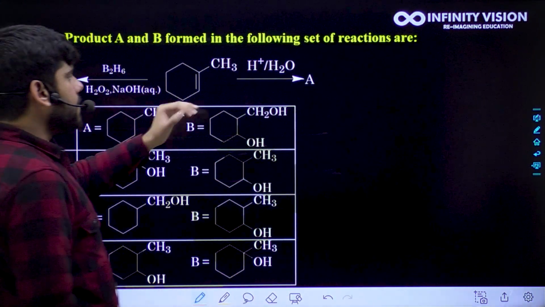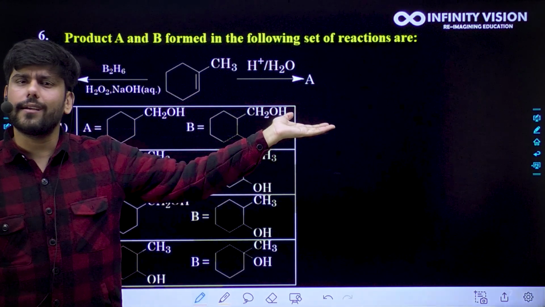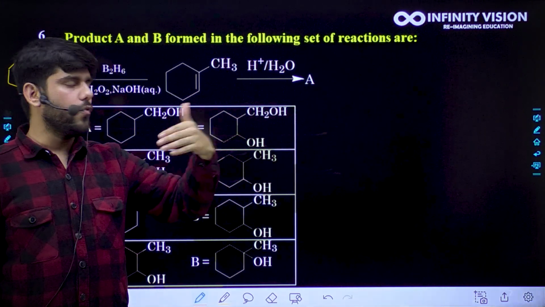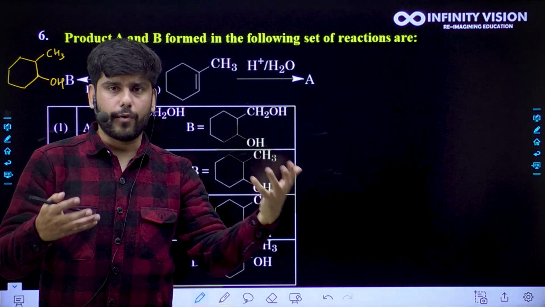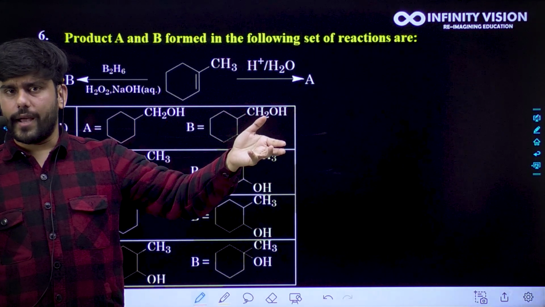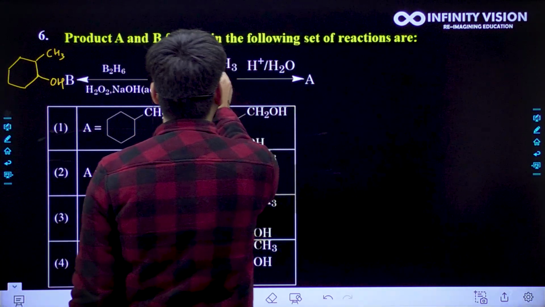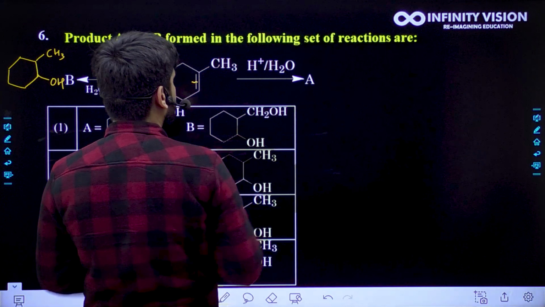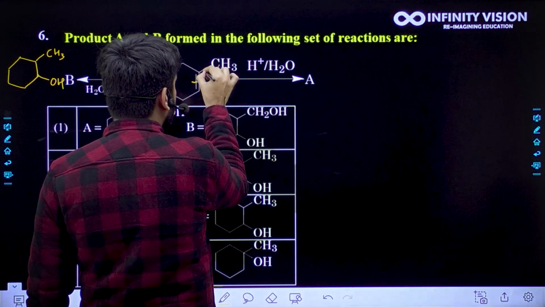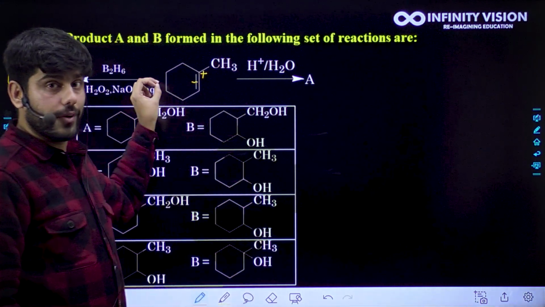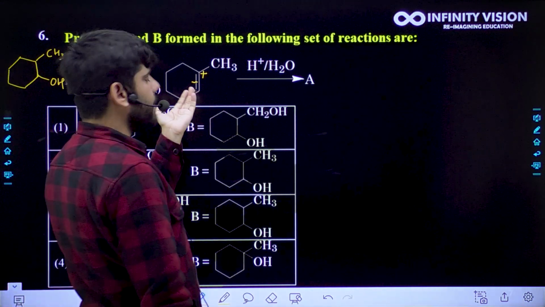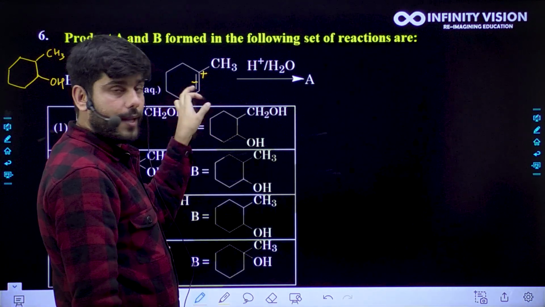And this is simple. This is followed by the carbocation intermediate. So wherever the more stable carbocation is formed, there the OH minus will add. So we know that when we split this double bond, we need to get positive over here because this is a 3-degree carbocation, which is definitely stable if it would have been here.